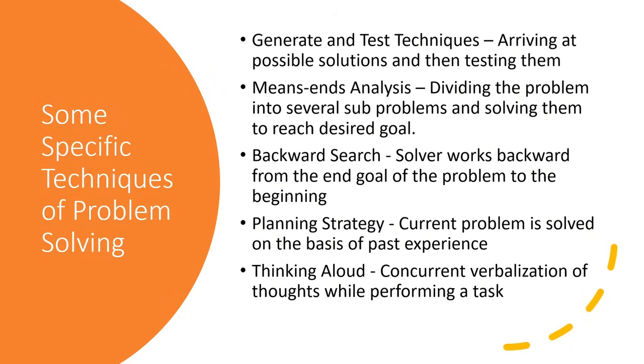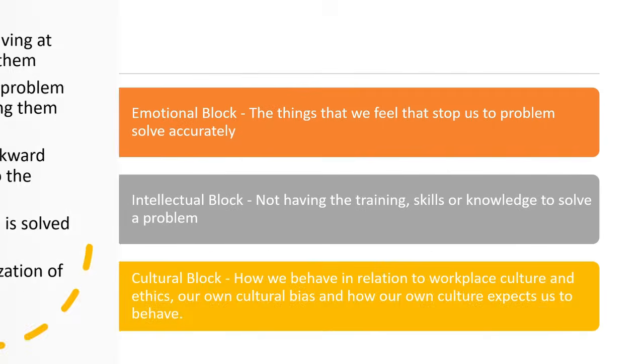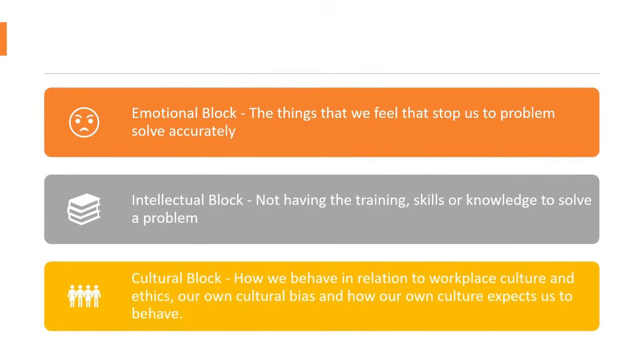Next is about the different blocks. Emotional block, what is it? Intellectual block and cultural block. Emotional block is something that stops us from solving the problem accurately. Next is intellectual block. It is because we don't have the necessary skills or knowledge to solve the problem.